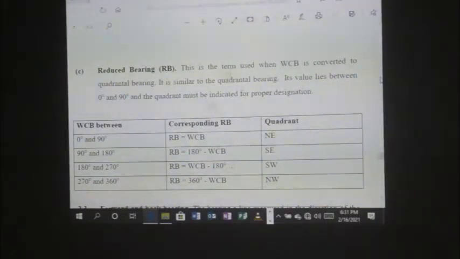You can equally convert a quadrantal bearing to reduced bearing. You can convert whole circle bearing to reduced bearing. You can switch either way.